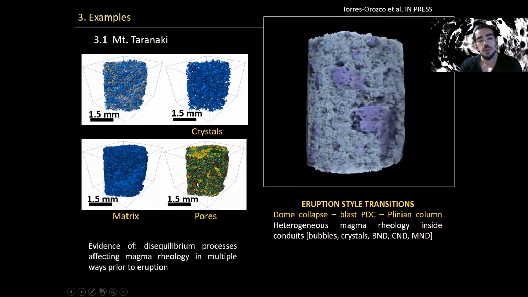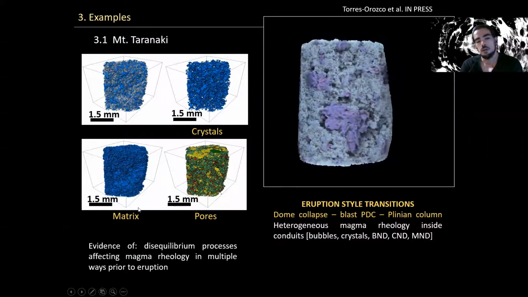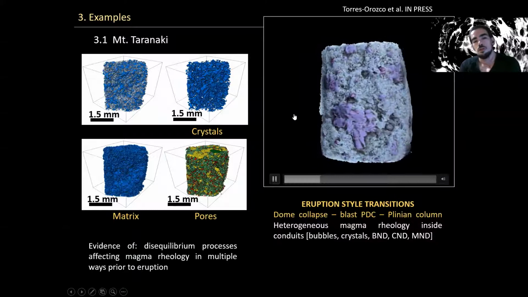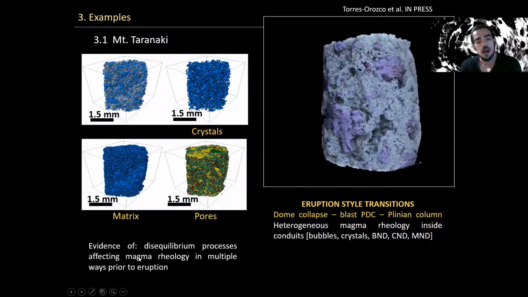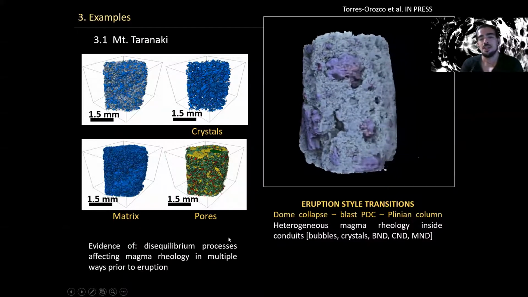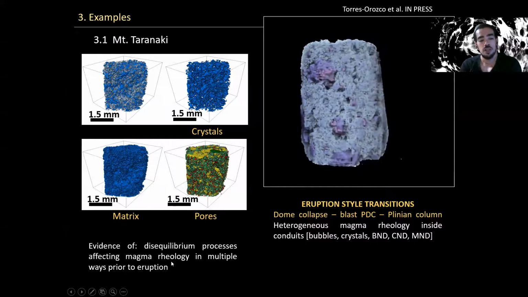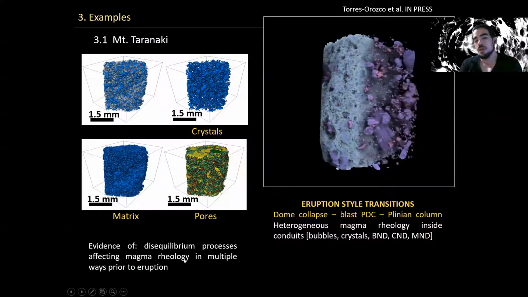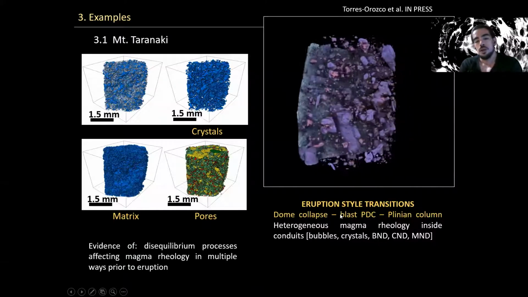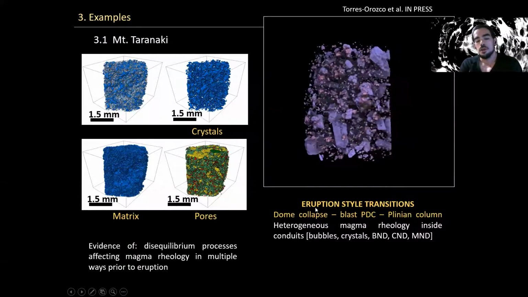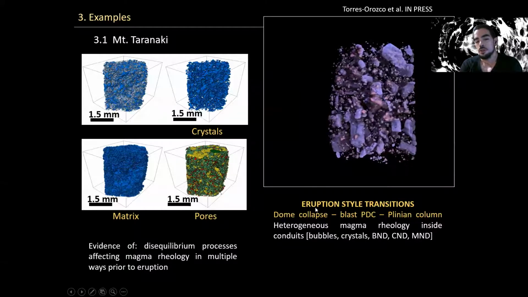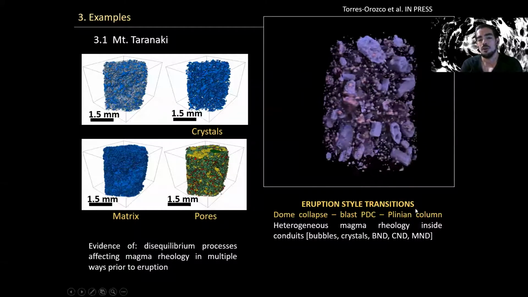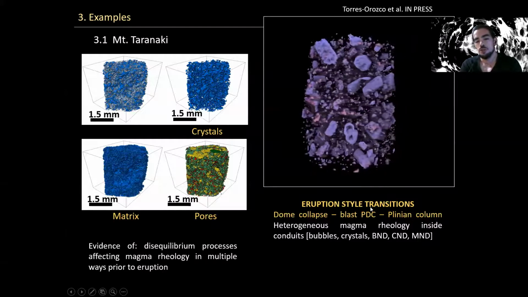The evidence that we acquire from this 3D quantitative analysis is how disequilibrium processes actually affect magma rheology in multiple ways prior to and during the eruption, and this in turn is used to understand how the eruption styles change with eruption time.